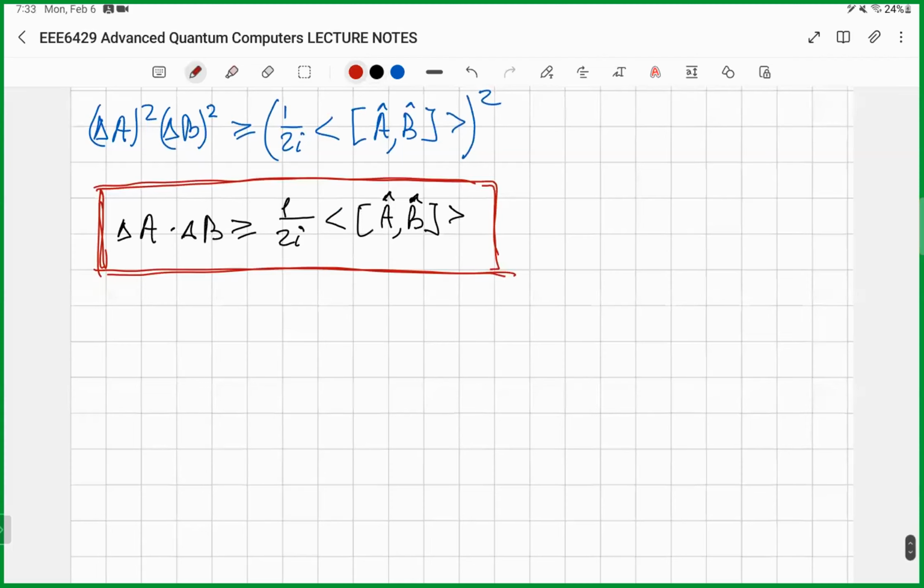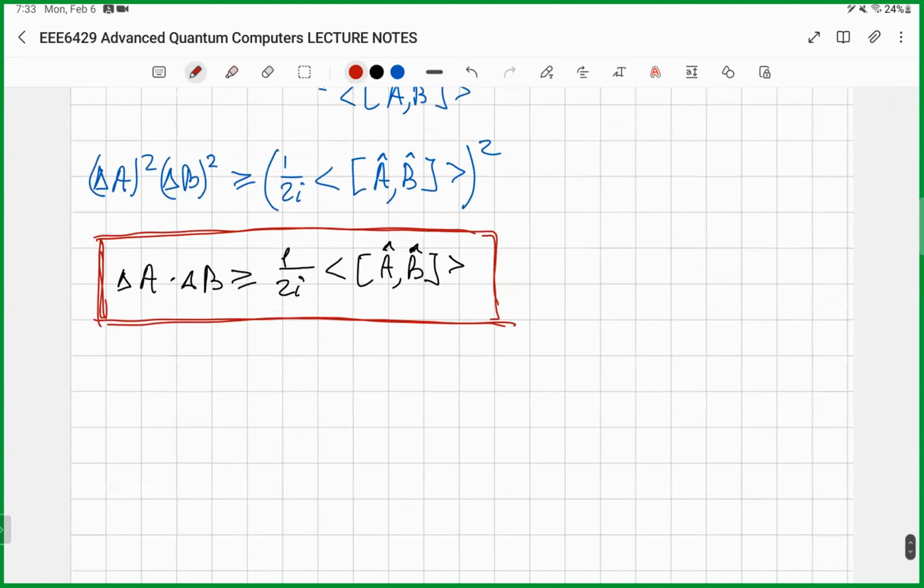So this is the most general uncertainty relation known in quantum theory.